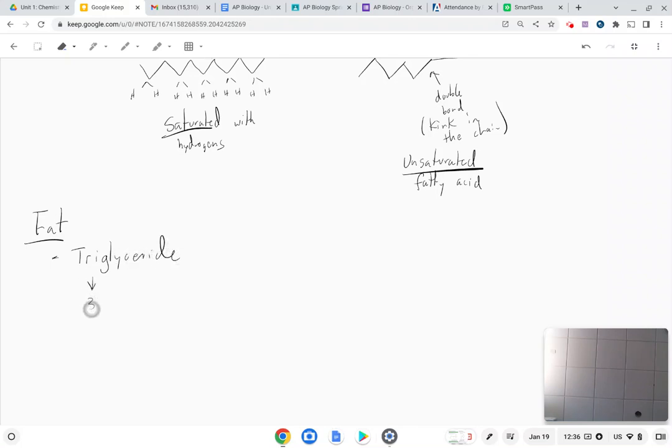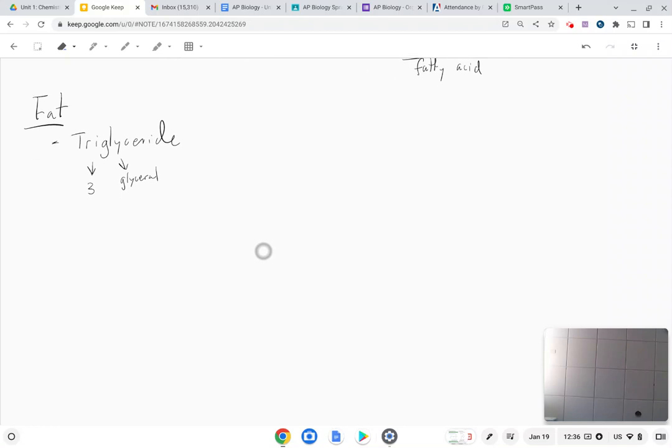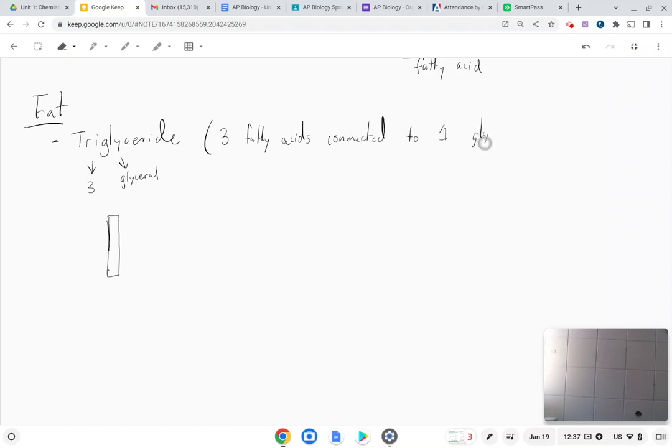If you break apart the word, 3, and then glycerol, triglyceride. You've got this glycerol backbone, okay? Let's go ahead and specify. We got 3 fatty acids connected to 1 glycerol backbone.